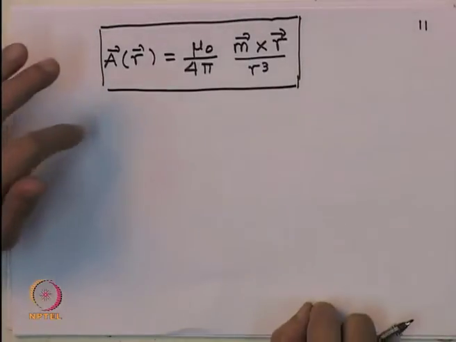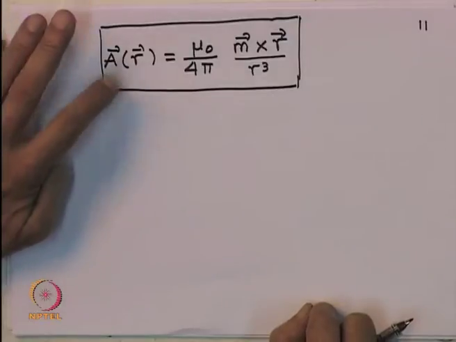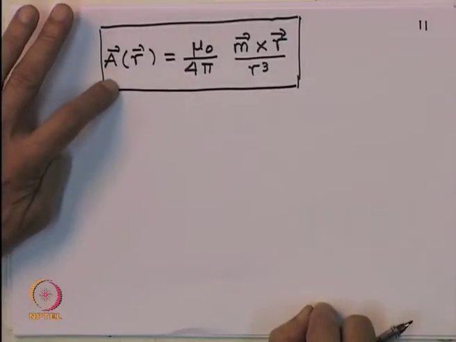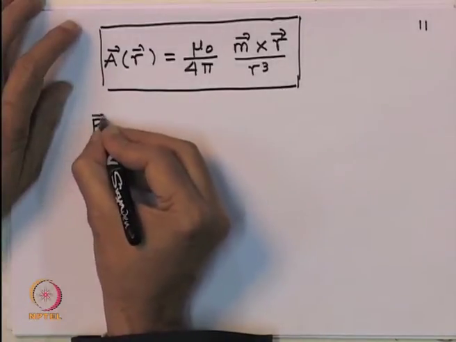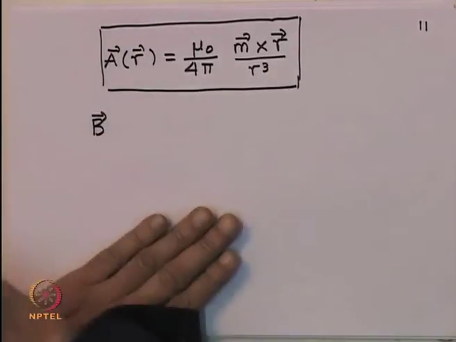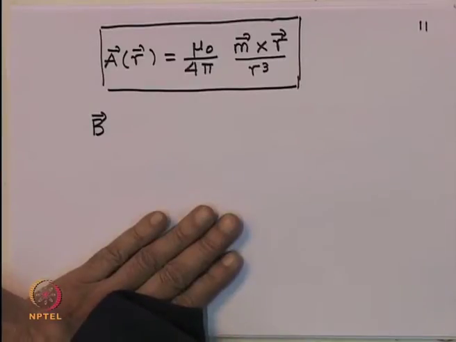Okay. Now, I can calculate from this the corresponding expression for the magnetic field. Recall that earlier also we had calculated the magnetic field due to a circular current distribution, but we were only able to calculate the magnetic field on the axis of the circular coil.